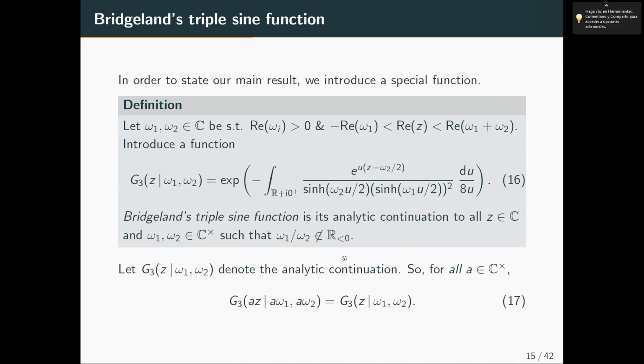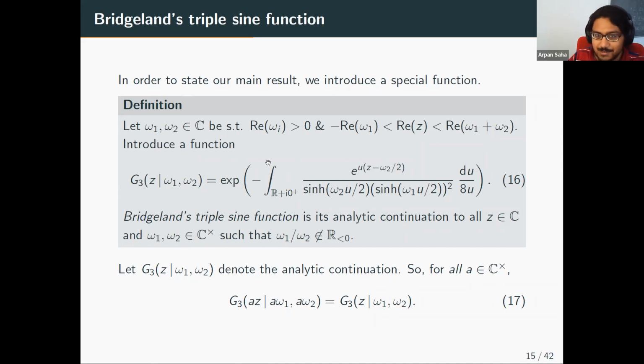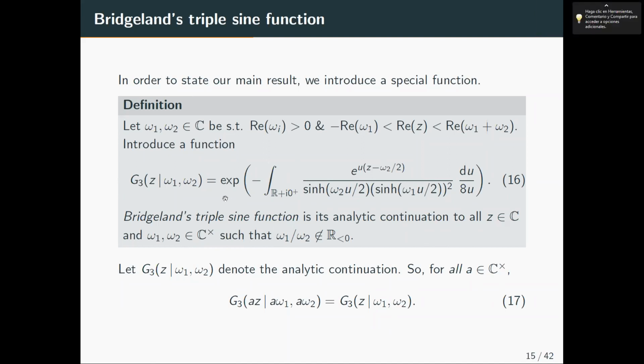Sorry, what is this Bridgeland's triple sine function? How is it related to the DT invariants? Yeah, so that's precisely what I'm going to say. But the thing is that this is a function I'll be making use of in what is to come. So I'm introducing it, and I'll make use of it.